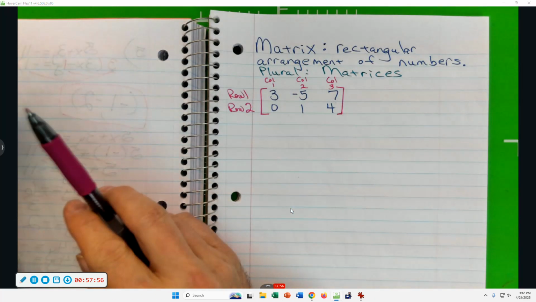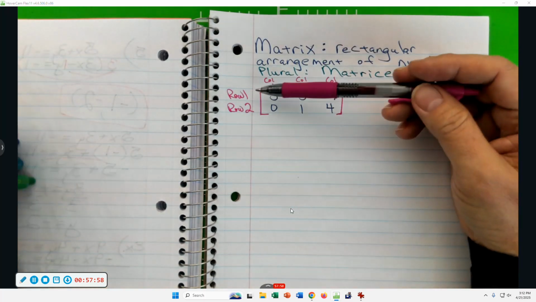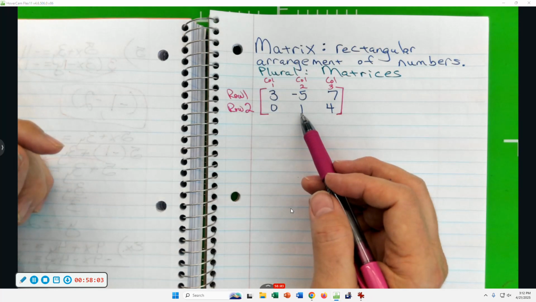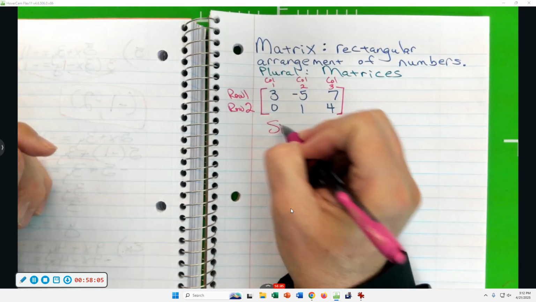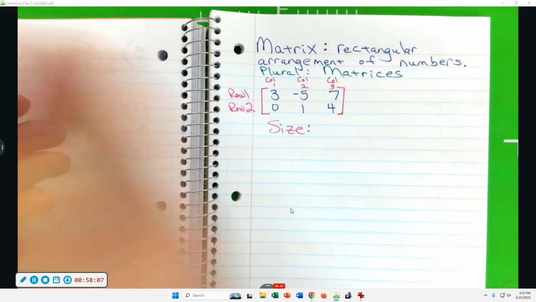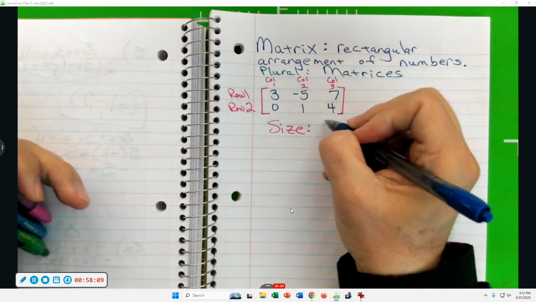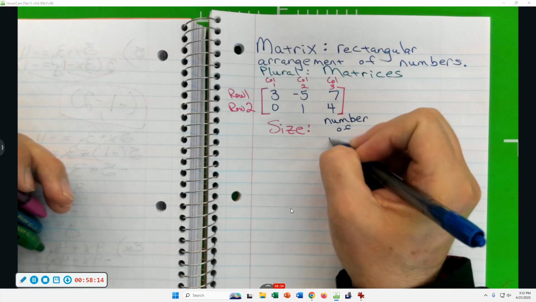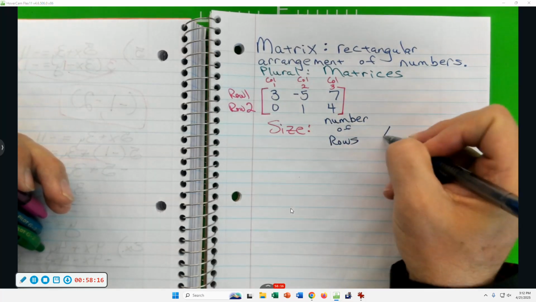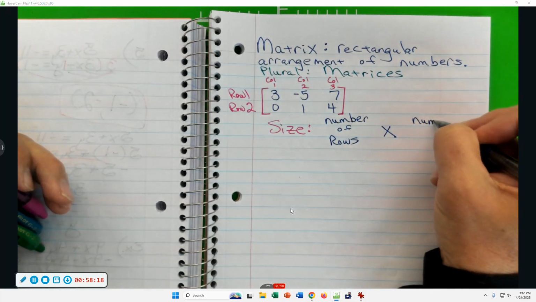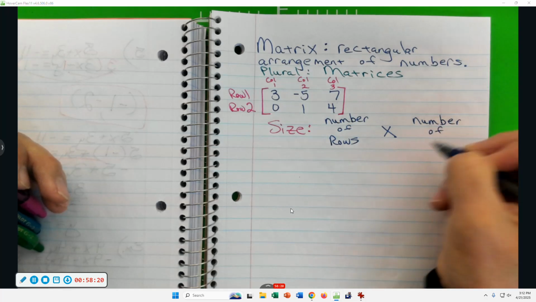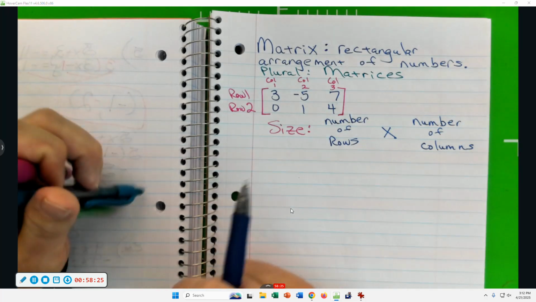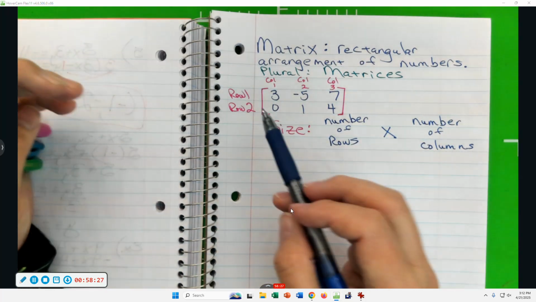For the size of a matrix, you give it based on the number of rows by the number of columns. Notice how you call that x is by, just like you would if you were talking about the dimensions of a room, 12 by 15 or something.